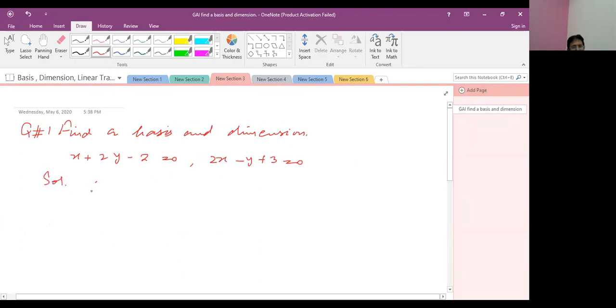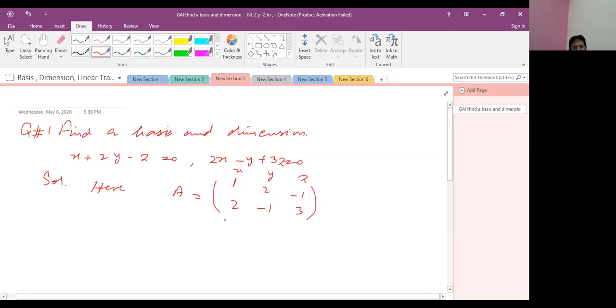If we convert these equations into a matrix, the coefficients of x are 1 and 2, the coefficients of y are 2 and minus 1, and the coefficients of z are minus 1 and 3.